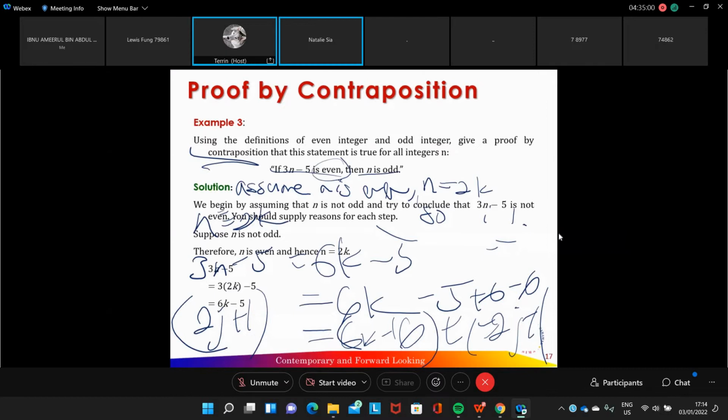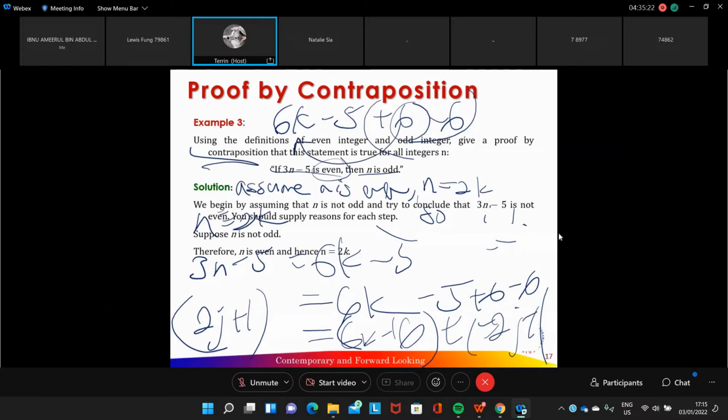I'm just trying to factorize it in the form of 2j plus 1. So we have the form of 6k now minus 5, right? If I do plus 6 minus 6, this is going to become 0, right? So now I'm taking this 6 to put together with here, so then I can get the 2j.